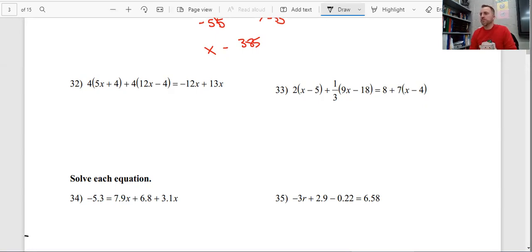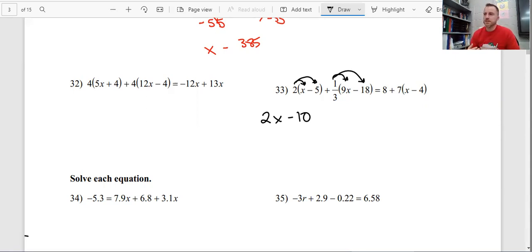So we want to distribute that 2 into those parentheses. That will get us 2 times x, which is 2x, 2 times -5, -10. Then we want to distribute this 1/3 into the parentheses here. So 1/3 of 9 is just 3, or you could think about that as 9 divided by 3.